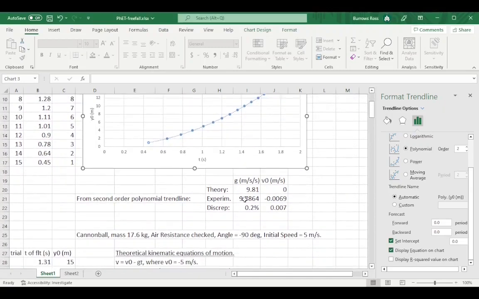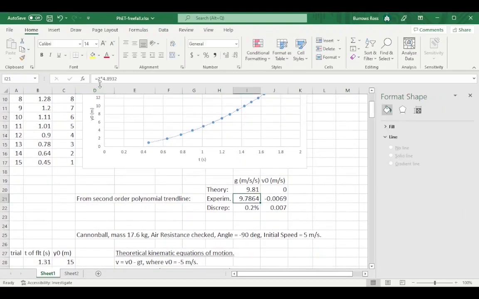So down here what I did to get this experimental value is I just multiplied 2 times 4.8932 to get my experimentally determined acceleration due to gravity, which matches the empirically known acceleration due to gravity, 9.81, within 2%. Get it? So right here is just the discrepancy as a percent. Just the known value minus the found value divided by the known value expressed as a percent.